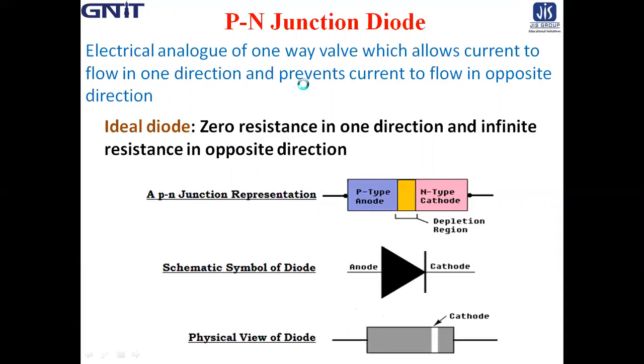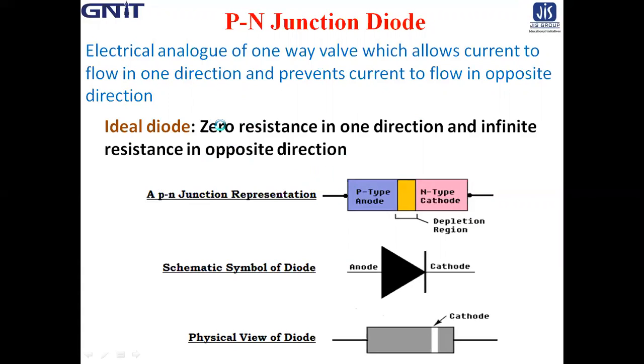So what is a PN junction diode? A semiconductor PN junction diode is the basic semiconductor device. An understanding of the intrinsic phenomena and properties of PN junction diode is an essential prerequisite to study the properties and performances of almost all semiconductor devices.